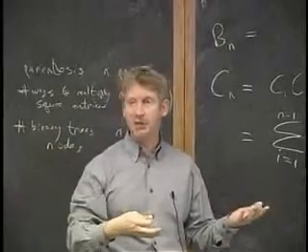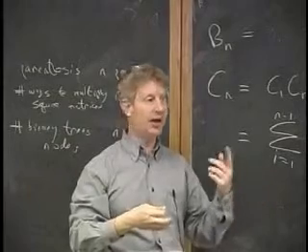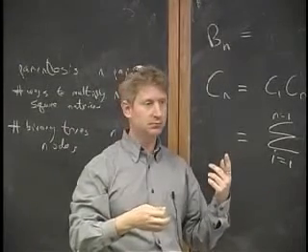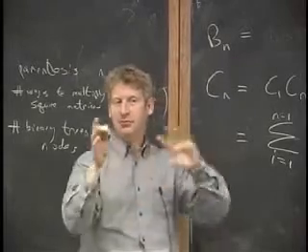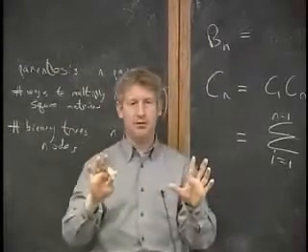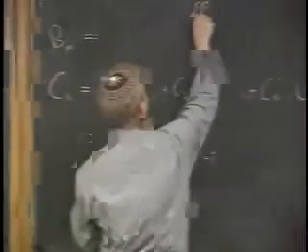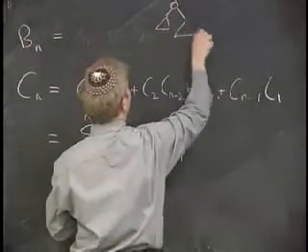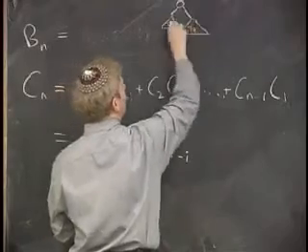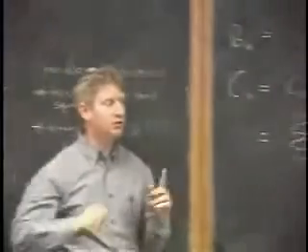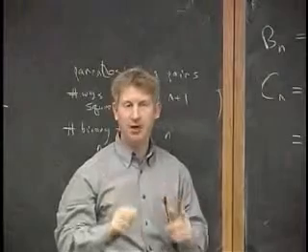The left side can be any binary tree as long as the sum of the two have n minus 1. So I can put any tree here and any tree here. I'll call this T1 and T2, as long as the sum of T1 and T2's nodes equals n minus 1.